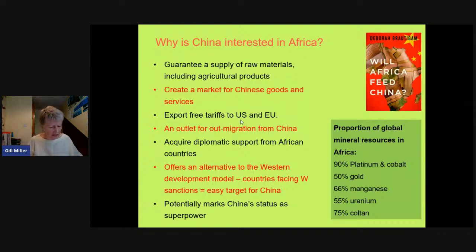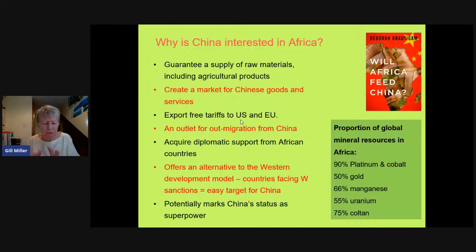For Europe, it's the Everything But Arms agreement, and for the US, it's the African Growth and Opportunity Act.